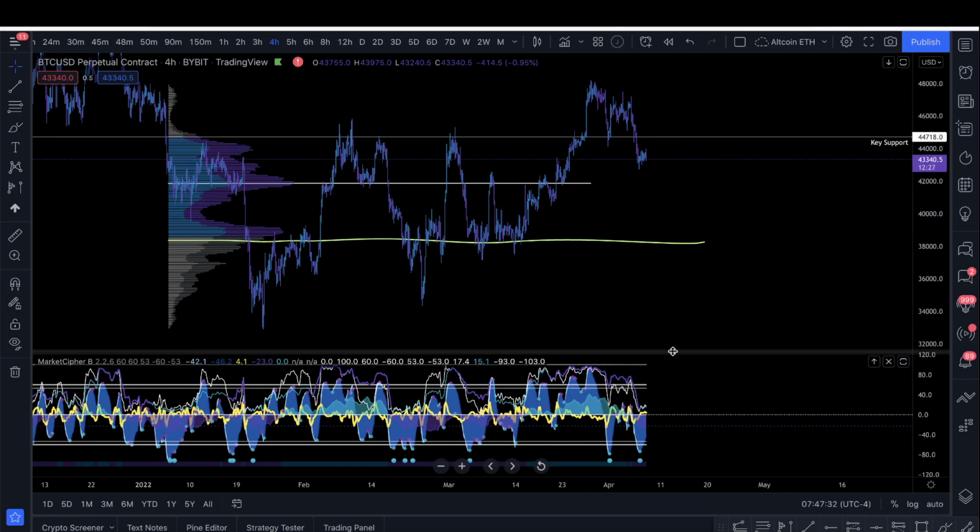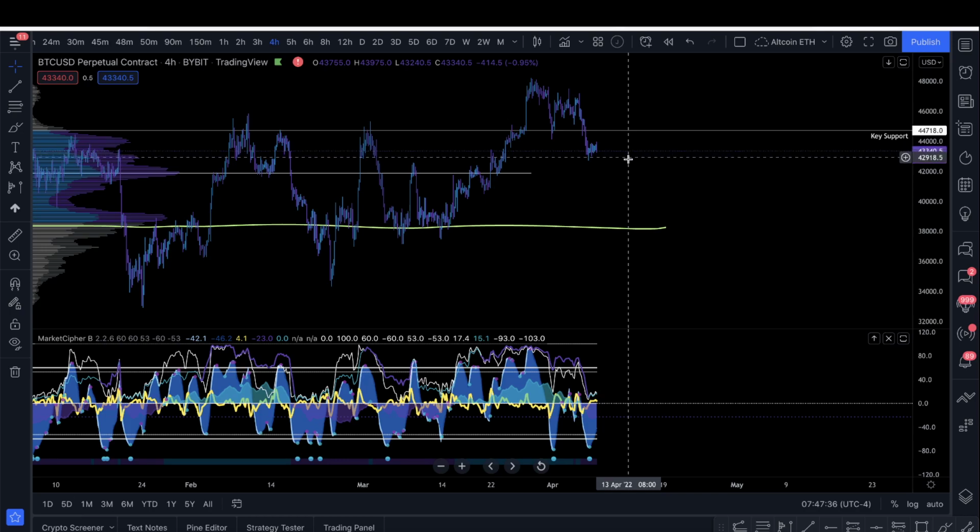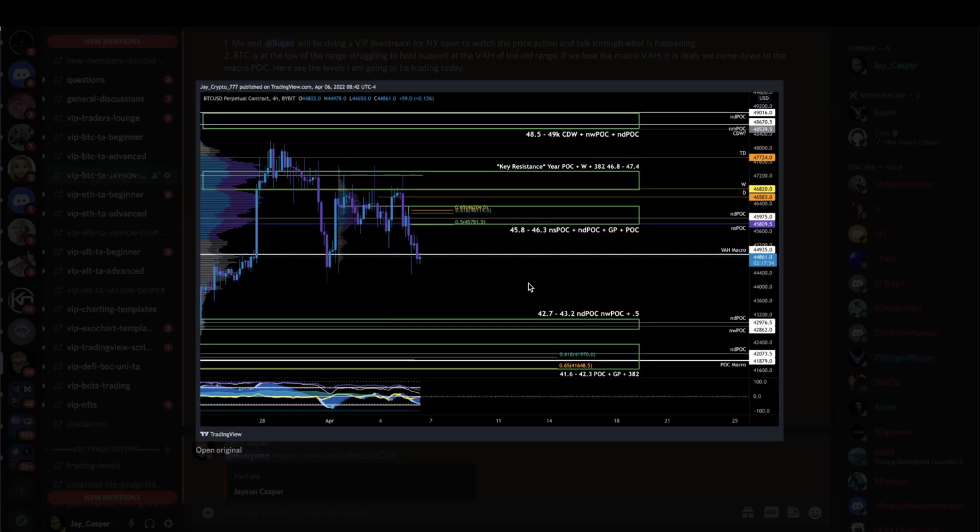And I do want to point out a few things. First of all, yesterday we found some very interesting support right here at about 43K, give or take. In fact, right down into a box, you can see that a few days ago, we were looking in the VIP Discord at this very important area of about 42.8 to 42.9, because we had two naked points of control right in this little box.